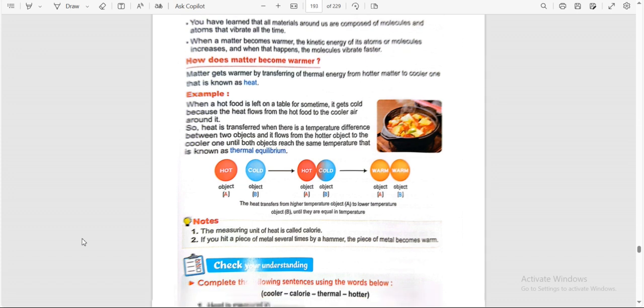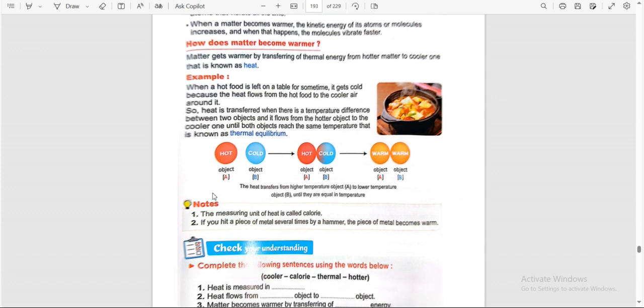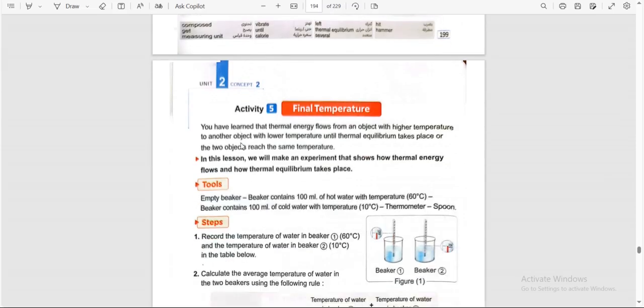So let's imagine we have two objects, one hot and the other cold, and they are in contact with each other. What happens? Heat transfers from the hot to the cold until they have the same temperature. When they reach this state, we call that thermal equilibrium. This means that both objects have equal temperatures. Good.